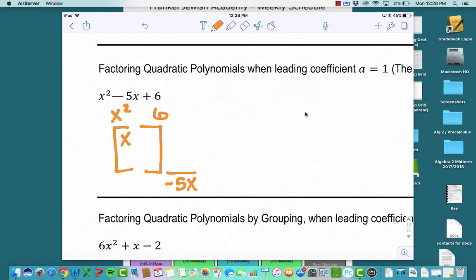You put x and x because that multiplies to x squared. And now you need something that multiplies to positive 6 but adds to negative 5. So that's negative 3 and negative 2. Check your work by cross multiplying, and it adds together. Therefore, the factored form of this is x minus 3 and x minus 2.